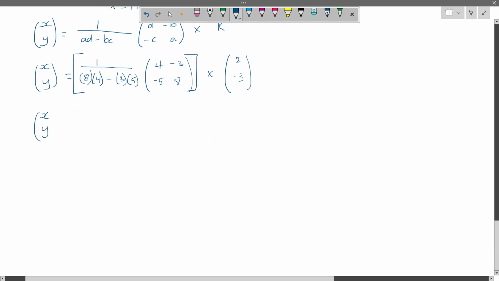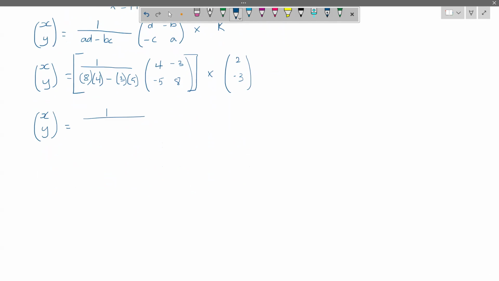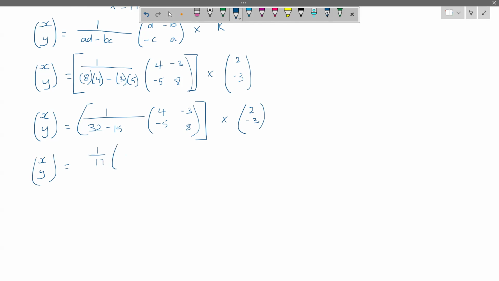Coming down, A times D is 32 minus 15, which gives 17. So now 1 over 17 by 4, minus 5, minus 3, 8, multiplied by 2, negative 3.